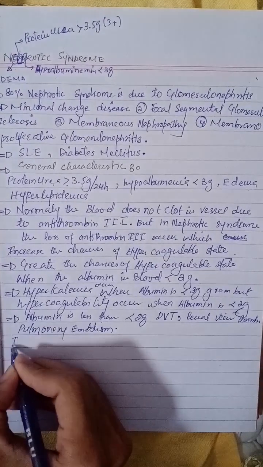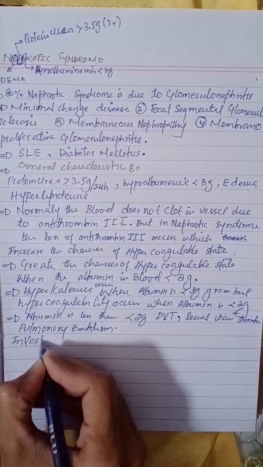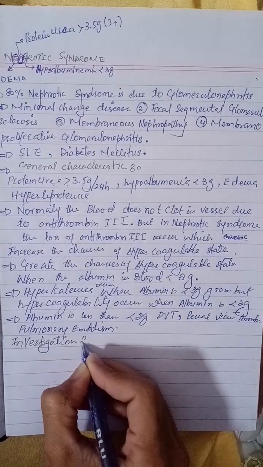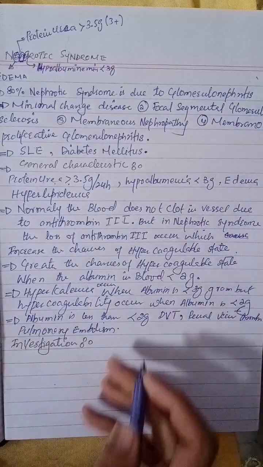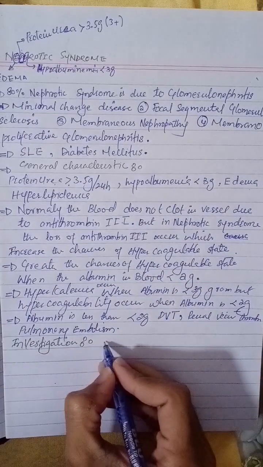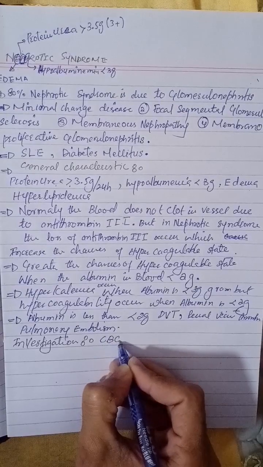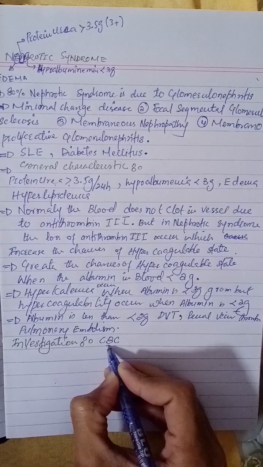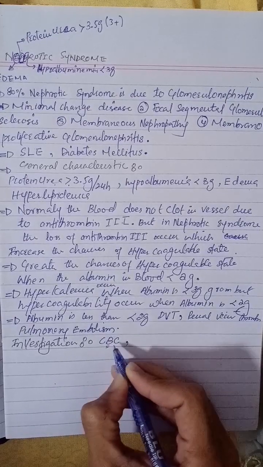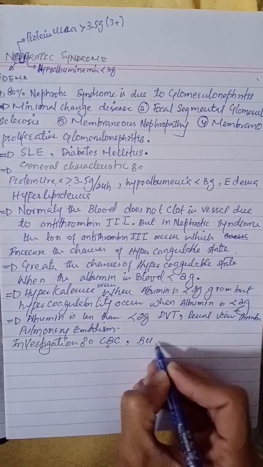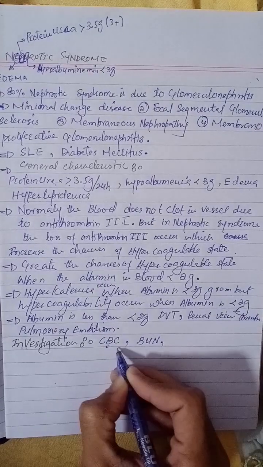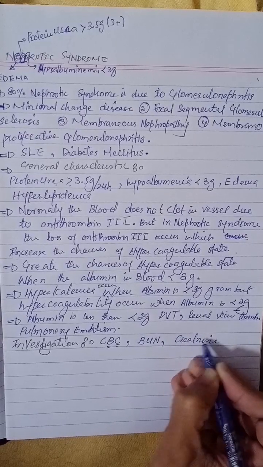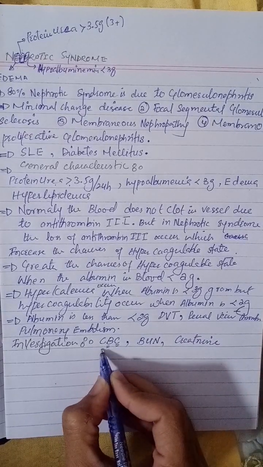What test are we performing for nephrotic syndrome? First of all, we will perform a CBC, complete blood count.